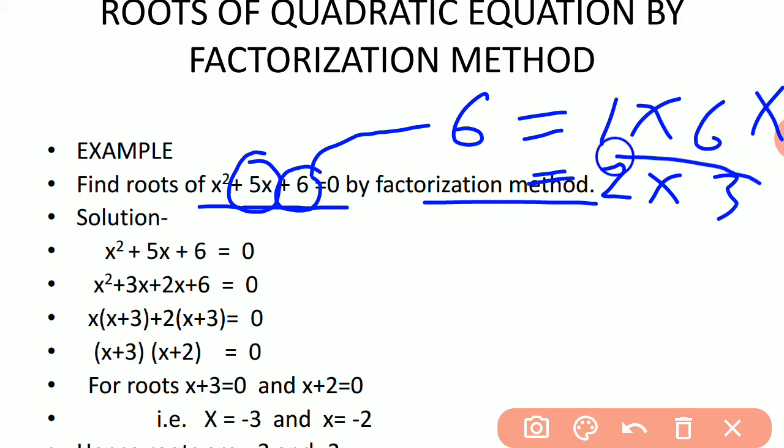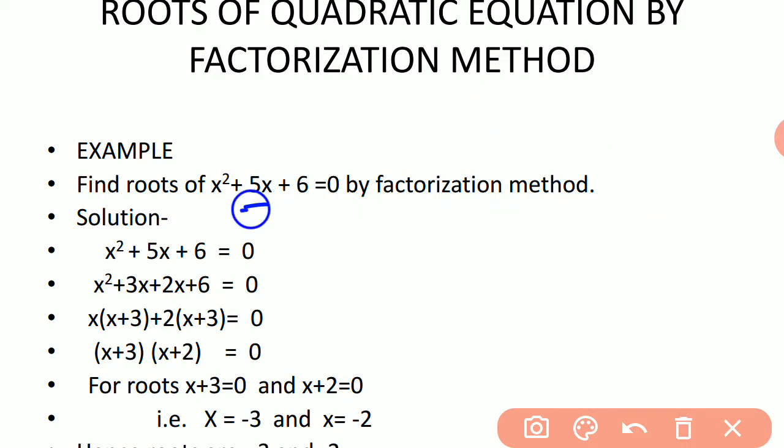And take second pair, 2 into 3: 2 plus 3 equal to 5 and 2 into 3 equal to plus 6. So we will write the factor of 5 in the form of 2 and 3.